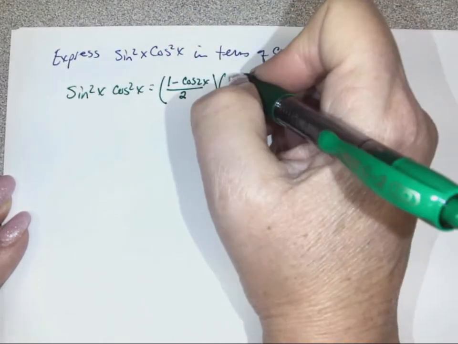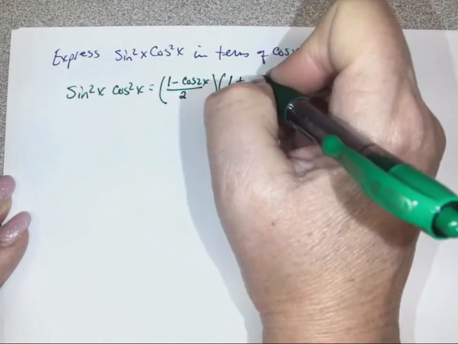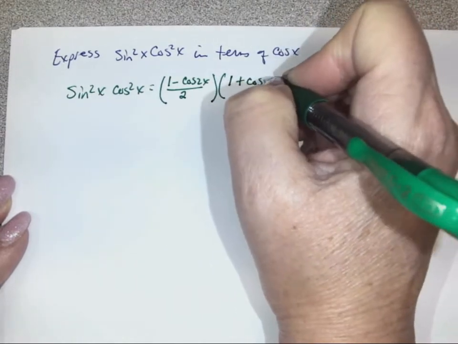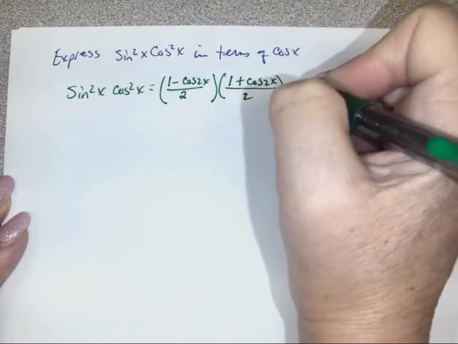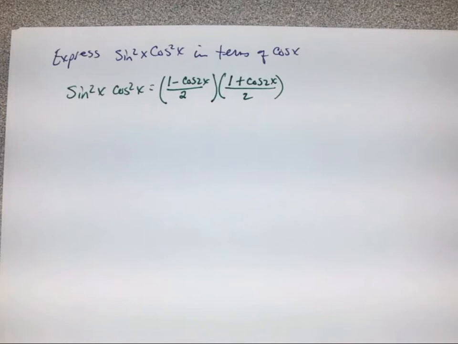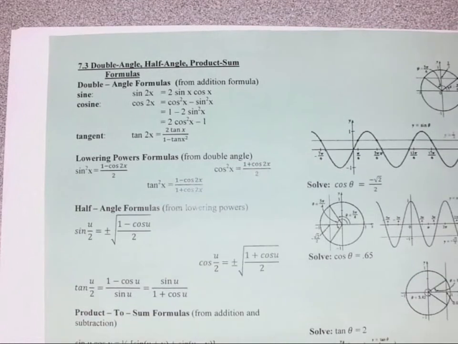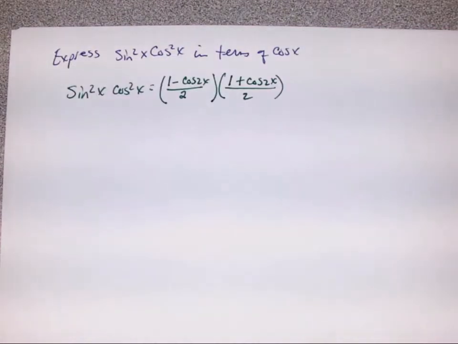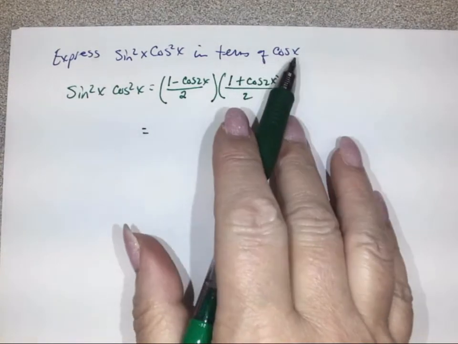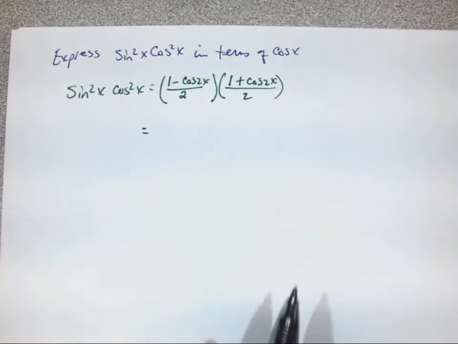And the cosine squared x would be equal to 1 plus cosine of 2x all over 2. So both of our formulas end up taking us all the way to cosine. So we're good there using those lowering powers, but we've got to simplify this out. We can't go, oh, we're done, and we have not cosine x, we have double angles.